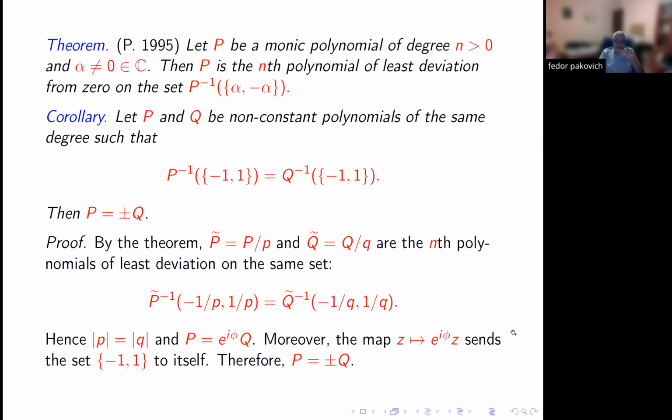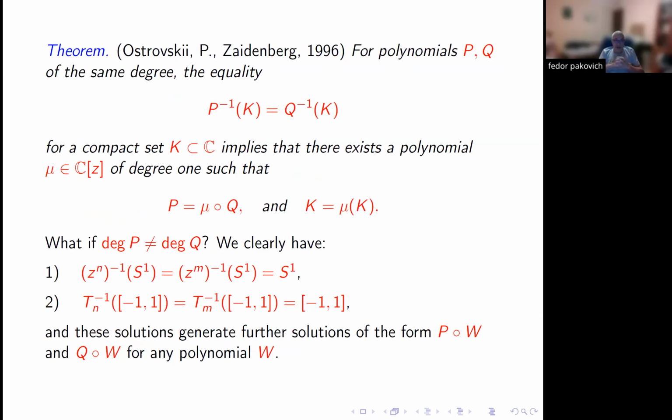Therefore, P equals plus or minus Q. In the same way, one can prove a bit more complicated result, which says that if we have just two polynomials of the same degree, then this equality for any compact set implies more or less the same thing, with the distinction that now P equals some polynomial of degree 1, which should transform our set to itself.